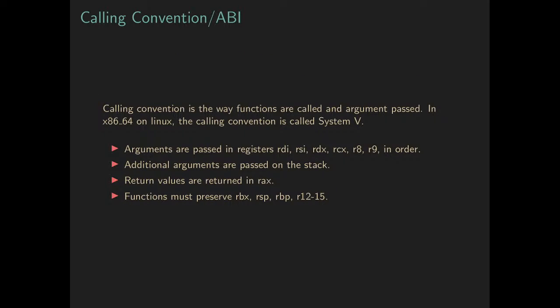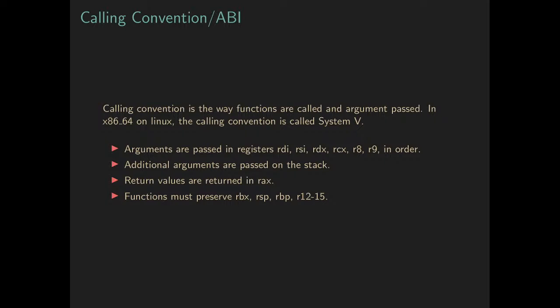Now, previously I mentioned that call and ret instructions don't actually do anything for arguments and return values. So now we're going to talk about how we pass arguments and how we return values from functions, because obviously in C sometimes we pass in arguments so that we can tell the function we want to compute this particular subproblem with these input arguments, and we want this particular output for this particular operation.